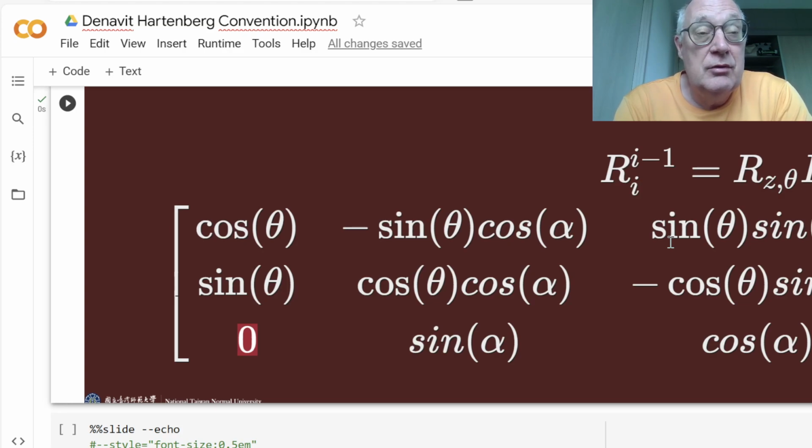So with 2 rotations instead of 3, we can get from frame I-1 to I by rotation around Z and X only.